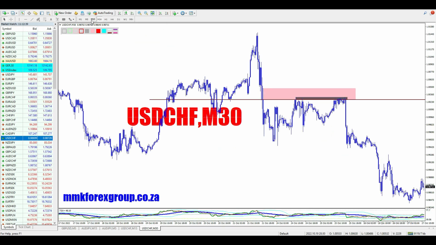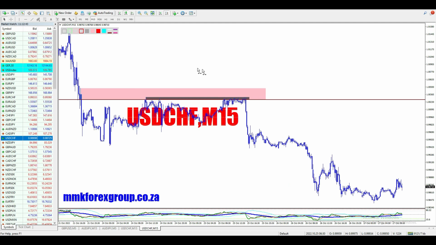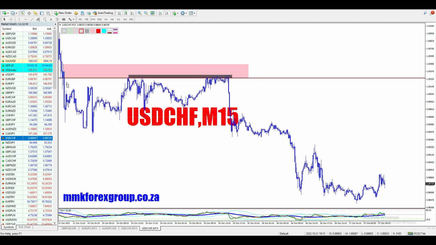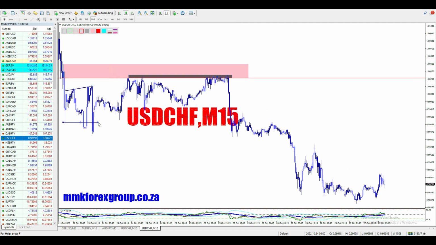So looking at it from the M15, this is what we have. Price gave us that area. You can see liquidity right there. You can see price breaks the structure, and then price returns to the order block.